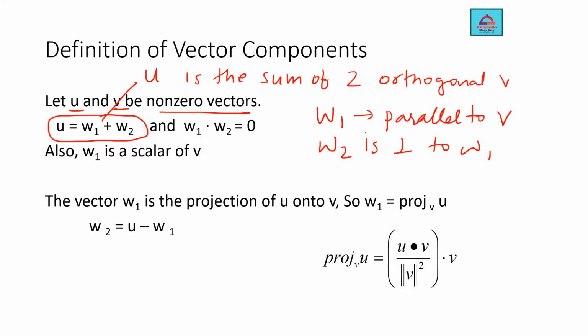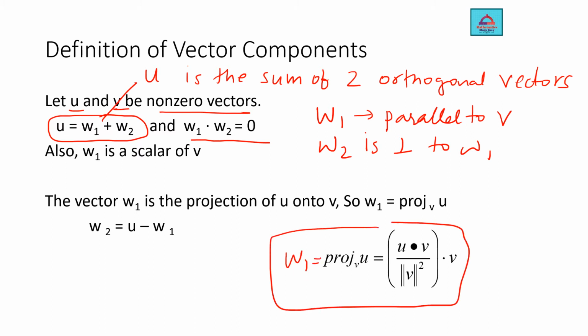I hope you remember about orthogonal vectors from part 1. If you've forgotten, do visit that. In simple words, it means w1 and w2 are perpendicular to each other and their dot product is 0. Then, if you find your w1 using the projection formula, the one you saw in the last slide, w2 would be just u minus w1.